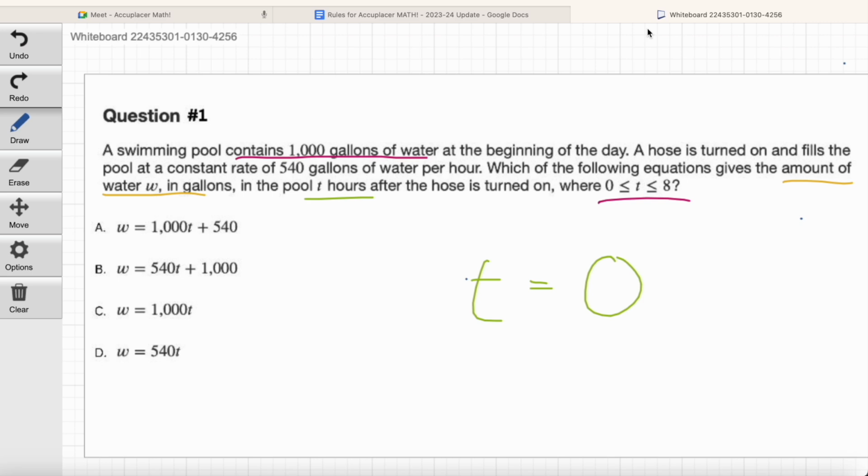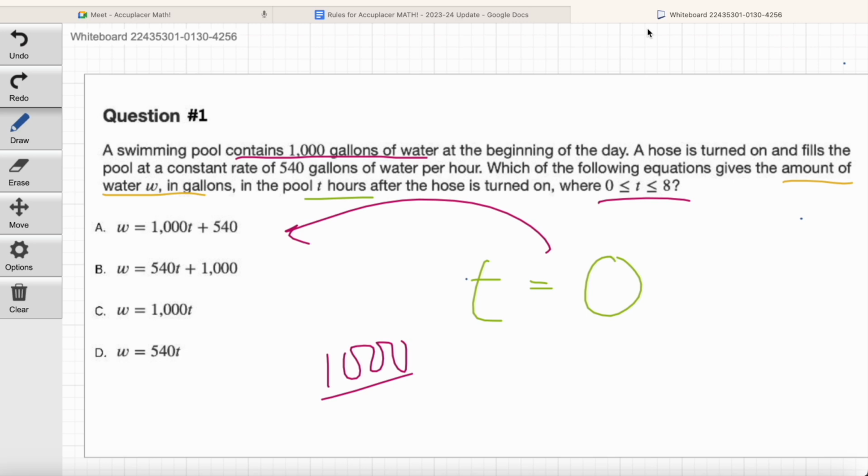So if we plug a 0 into the answer choices, the right answer has got to give us 1,000. Look at answer choice A. Is that going to give us 1,000 when t is 0? No. What does that give us when t is 0? 1,540? No. If t is 0, let me see you plug in a 0 for t into answer choice A. I want to see you plug it in on the whiteboard.